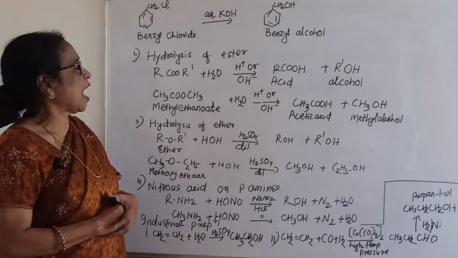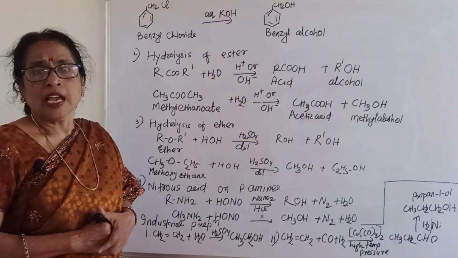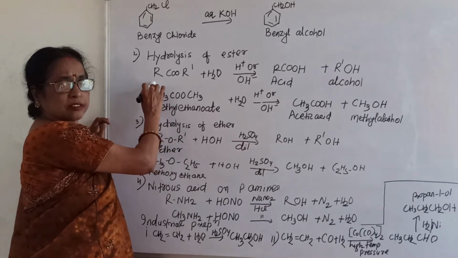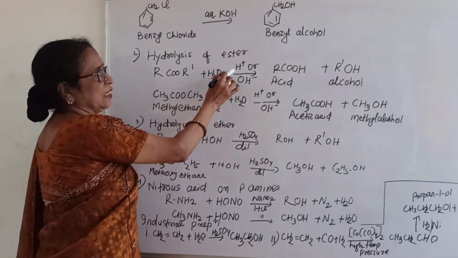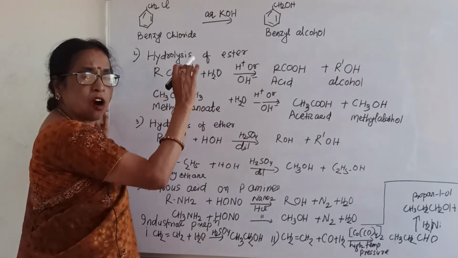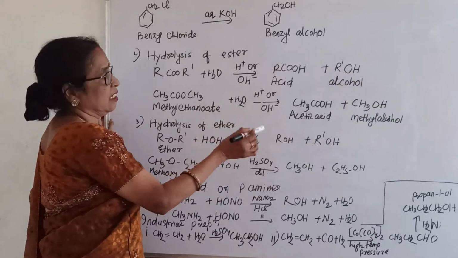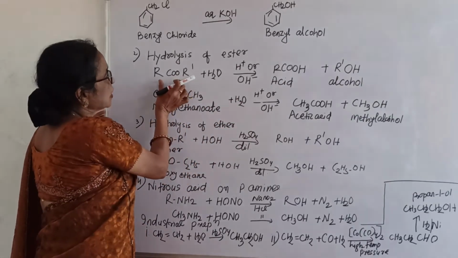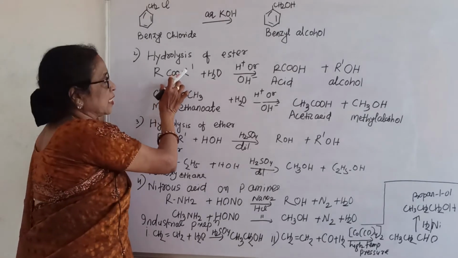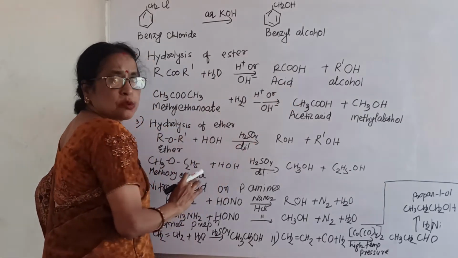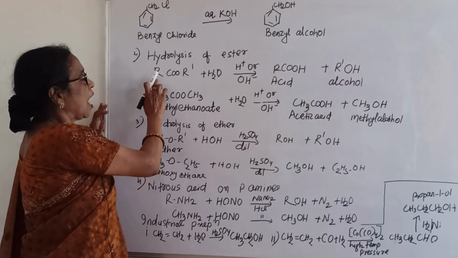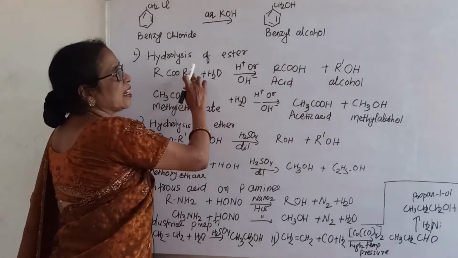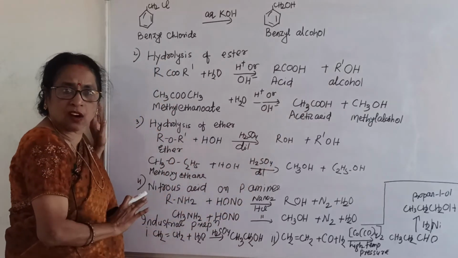Now next one is hydrolysis of ester. In hydrolysis of ester, what happens? You take ester, then water in presence of either acid or base or alkali. Then what does it give? The left part changes to acid, the right part changes to alcohol. That means RCOOH, that is acid, and R-OH, that is alcohol.